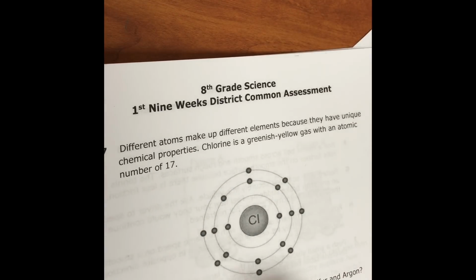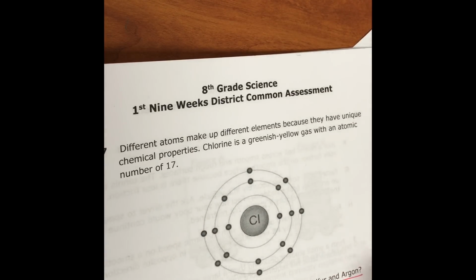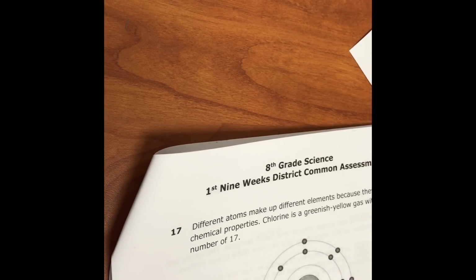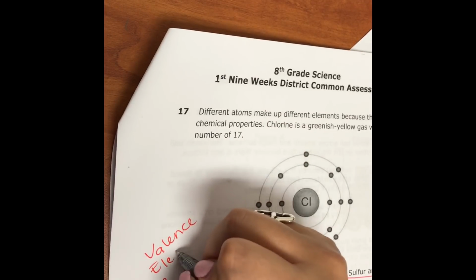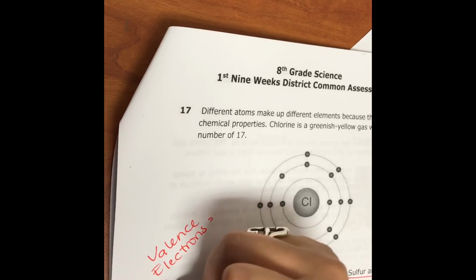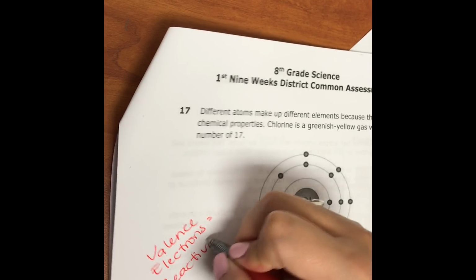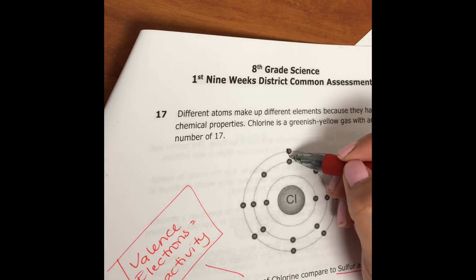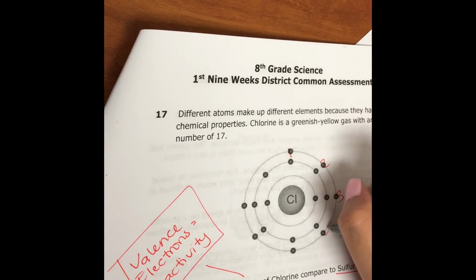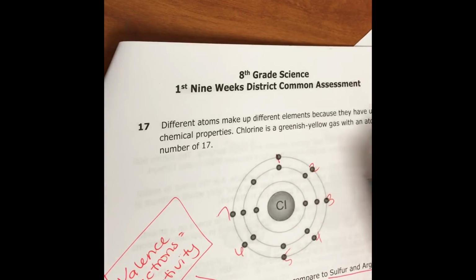How does the reactivity of chlorine compare to sulfur and argon? If they're asking about the reactivity, they're really asking about their valence electrons. Valence electrons equal reactivity. So let me see, chlorine has 1, 2, 3, 4, 5, 6, 7.